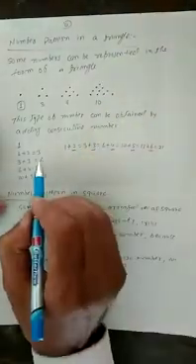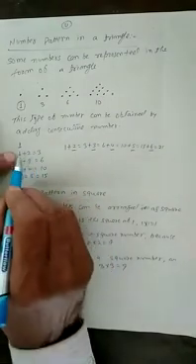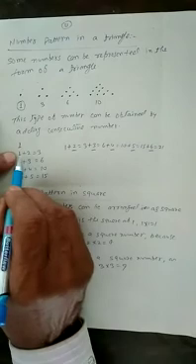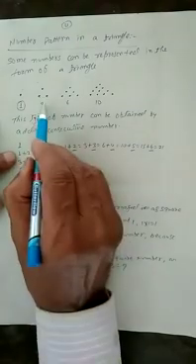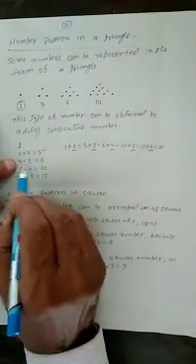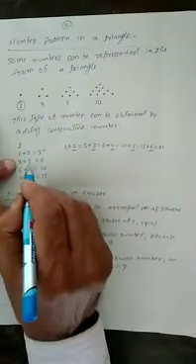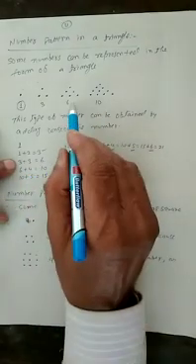Here what we see is that after 1, consecutive numbers are being added. To 1 we added 2. 1 plus 2 is equal to 3. 3 can be represented in the form of a triangle. Then to 3 we added 3, after 2. This is 6. 6 can be represented in the form of a triangle.